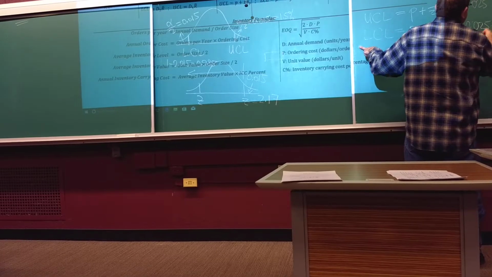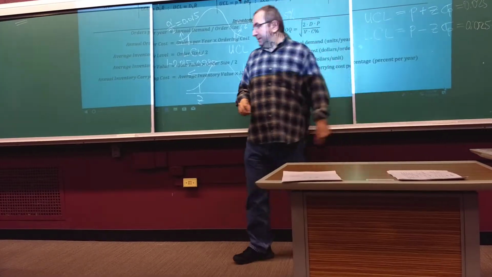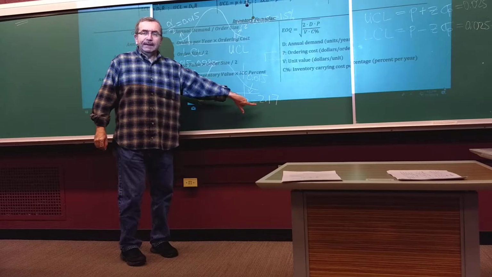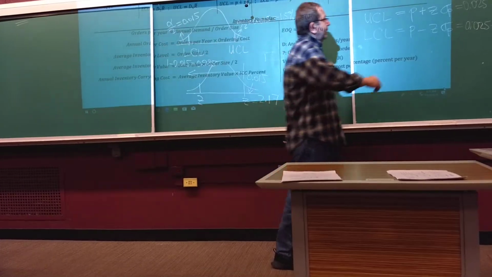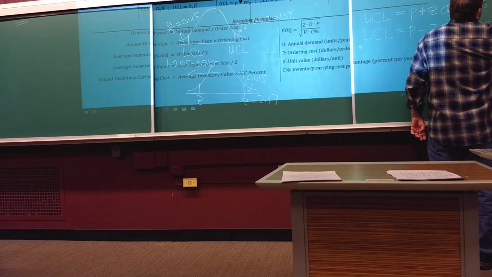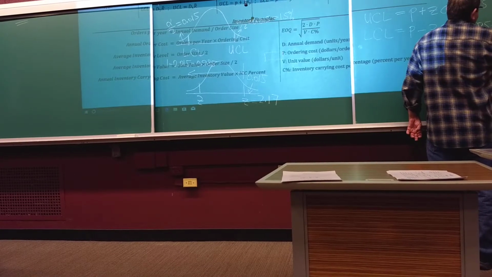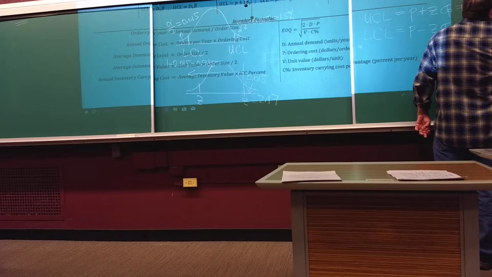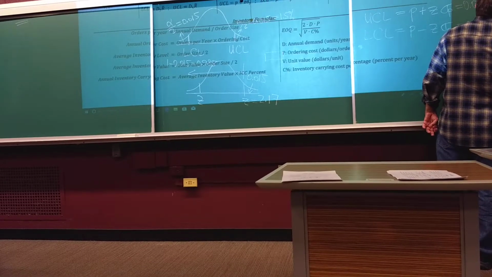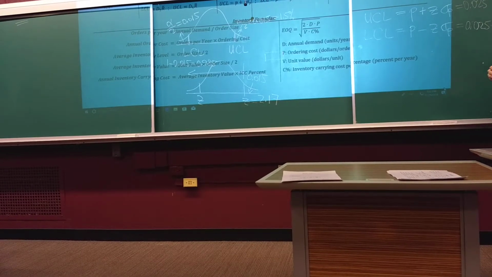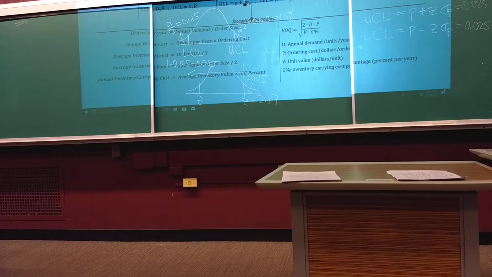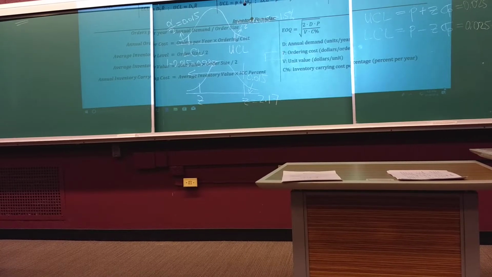Plus minus Z is 2.17. And the sigma sub P, I think is something like 0.01, something like that. I don't know the exact number, but you guys can figure out the exact number.